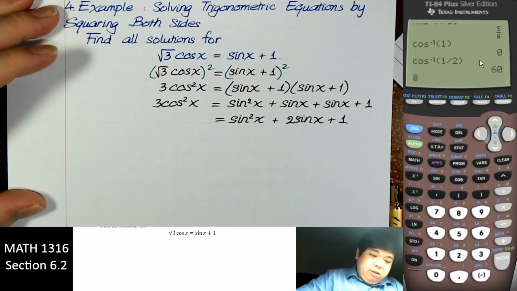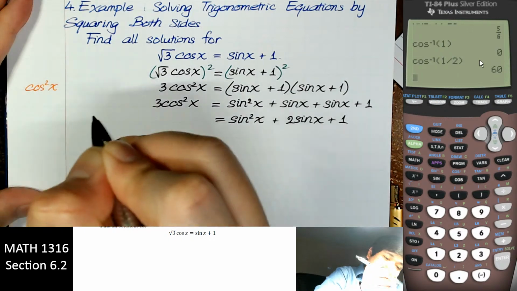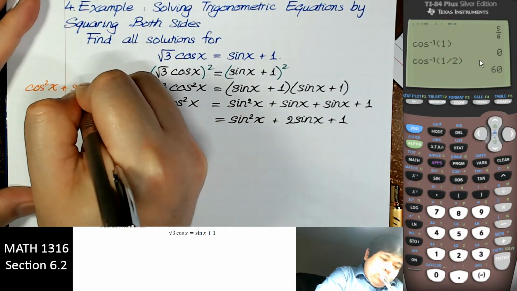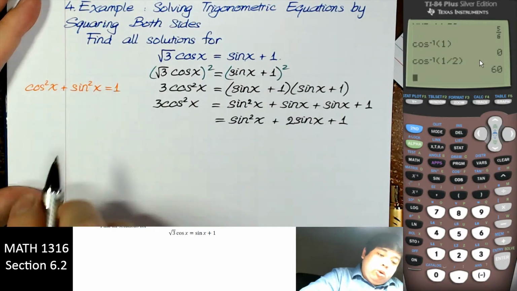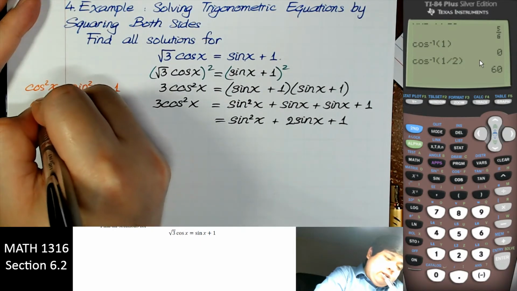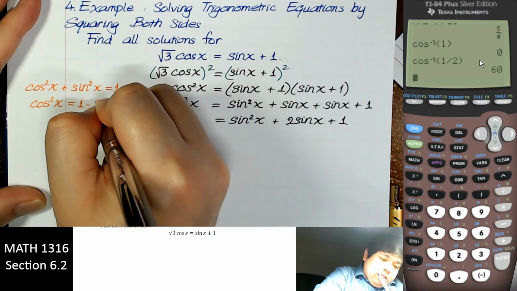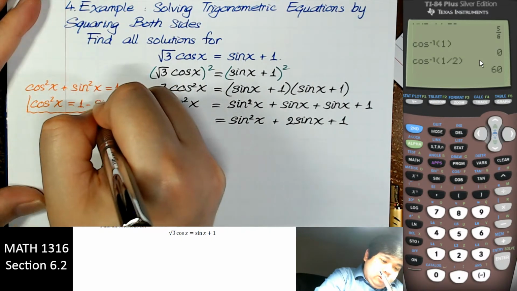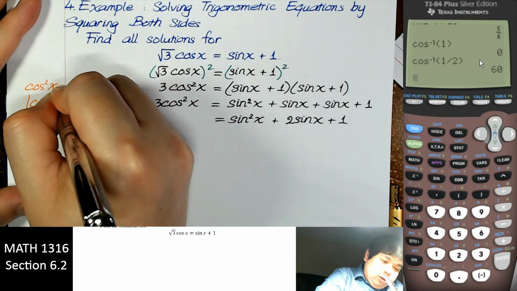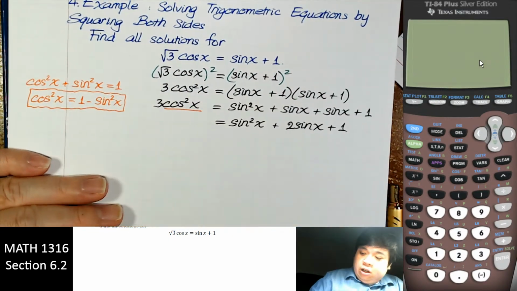Note that we always have the Pythagorean identity, cosine square plus sine square is 1. So if we want cosine square, it equals 1 minus sine square, and we substitute into this cosine.